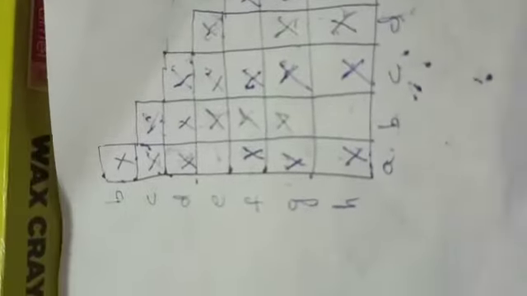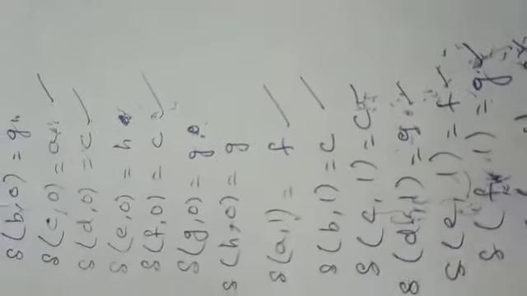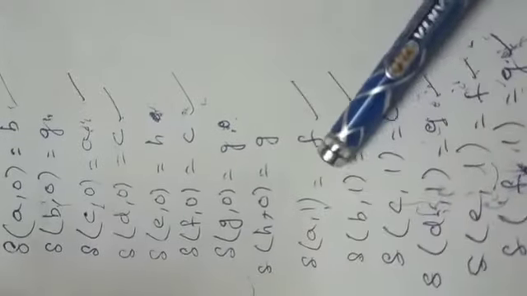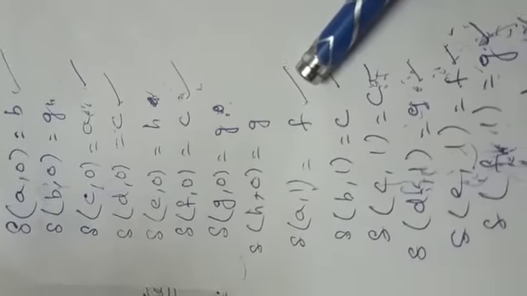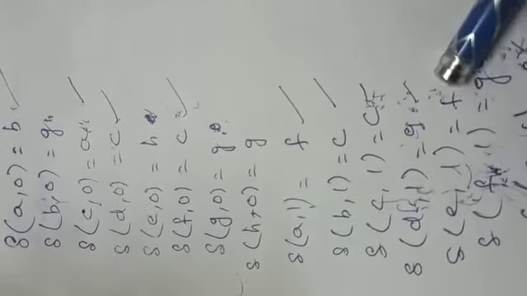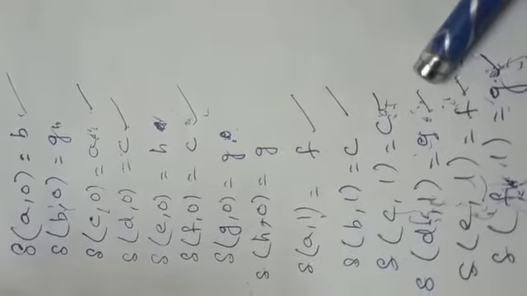So first let us check A and E. What is the result of that? If you see, del of A comma 1 equal to F, and del of E comma 1 equal to F. So these are equivalent states.